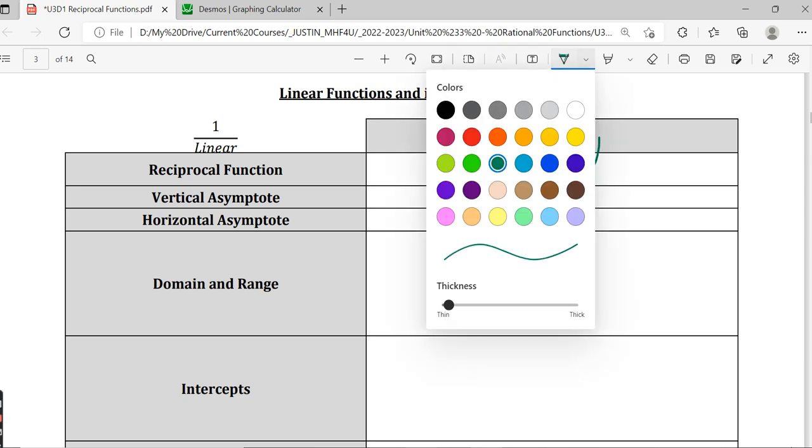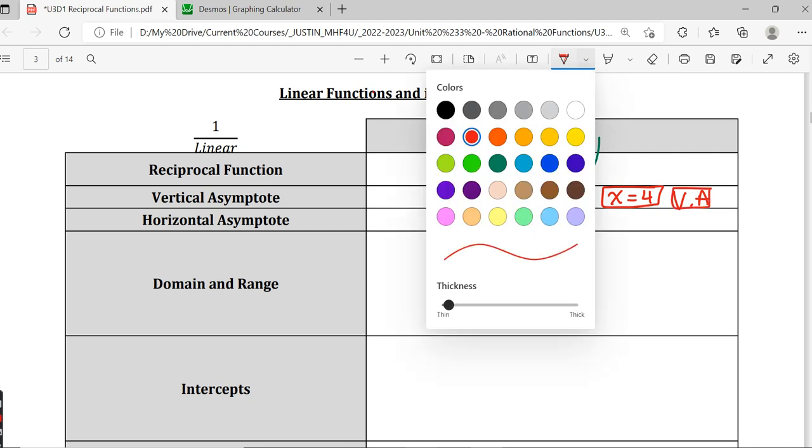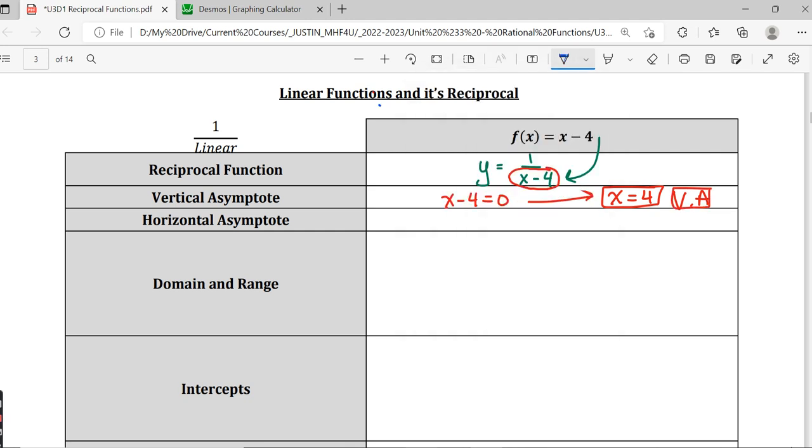Where is the vertical asymptote? Well, the vertical asymptote would be where the denominator equals 0. So x minus 4 equals 0. Solve for x. You get x is equal to 4. So I know there is a vertical asymptote at x equals 4. I'm going to put VA. Let's use blue. Horizontal asymptote.